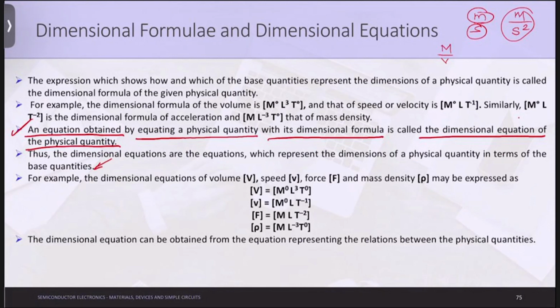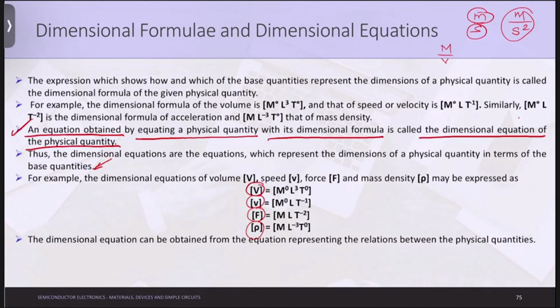For example, the dimensional equations of volume V, speed v, force F and mass density rho can be expressed like this. As I explained previously, we can write this also in brackets. This is for our reference that we are finding the dimensions of the RHS. So the dimensions of the LHS are given on the right hand side with a square bracket, again in terms of MLT.